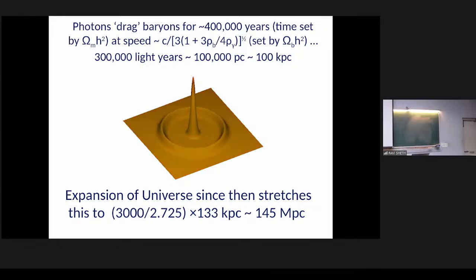If I take that ratio and multiply by this length, that tells me how much this length got stretched because the universe expanded this many times. And that is a length of 140 megaparsecs. That's the length that those spots in the CNB should be today. That's the radius of this circle that they should be today.